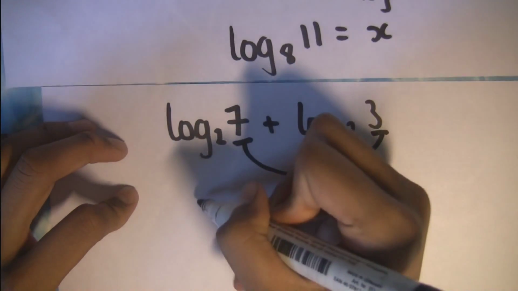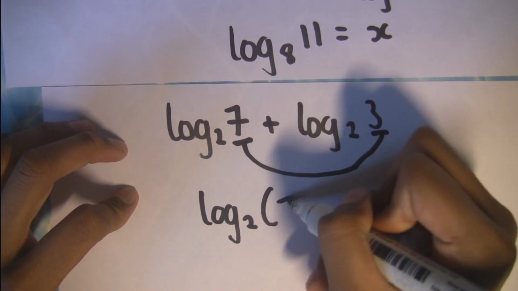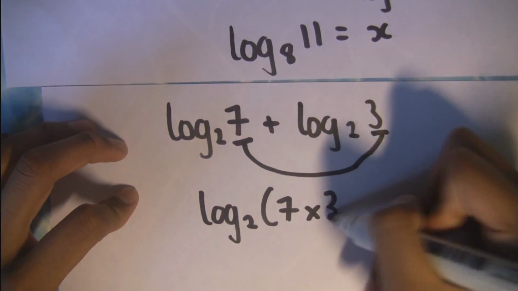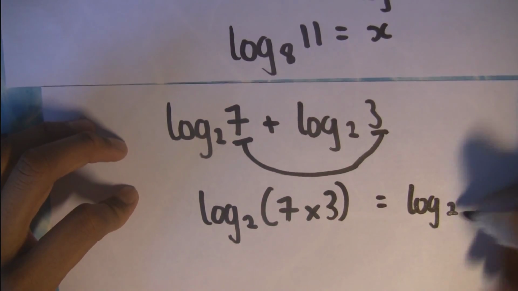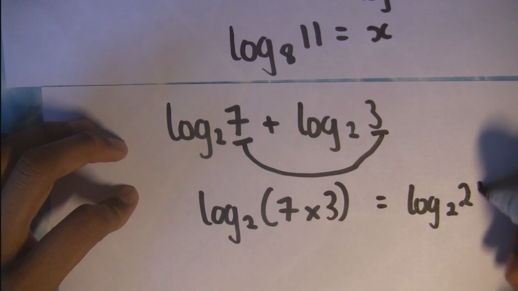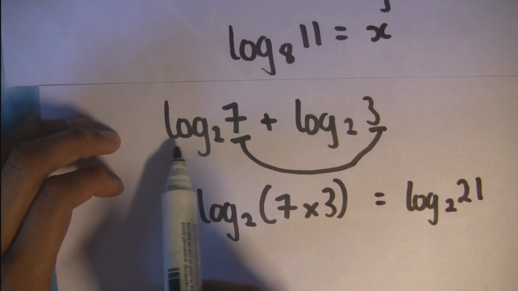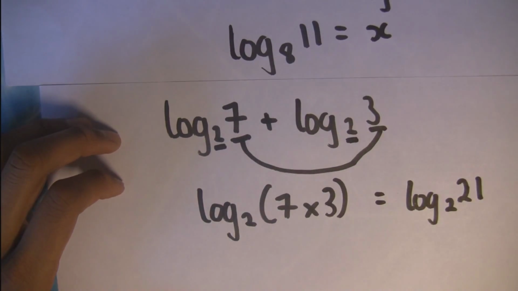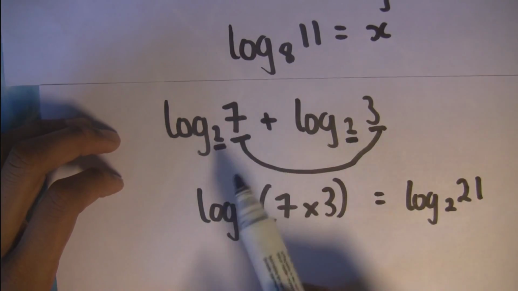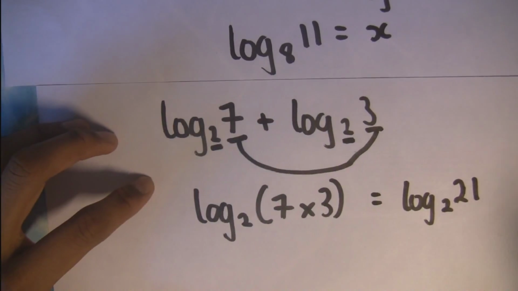So this would simplify down to log base 2 of (7 times 3), which equals log base 2 of 21. Bear in mind that you can only do this if this base number here is the same as this base number here. If they're different numbers, then you can't do this times rule, but if they're the same number, then you can.